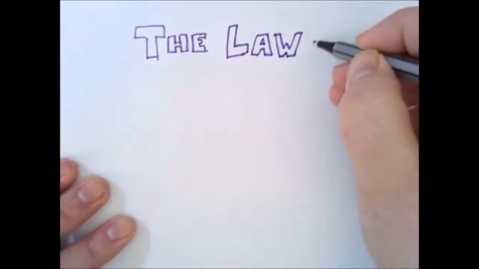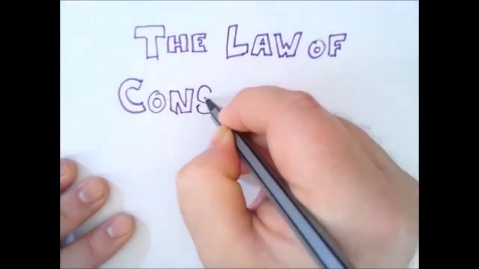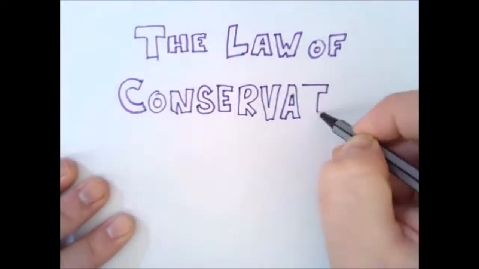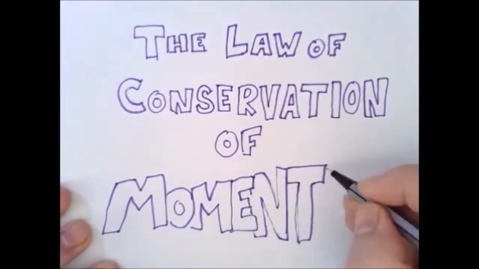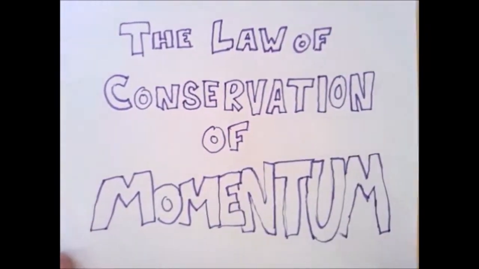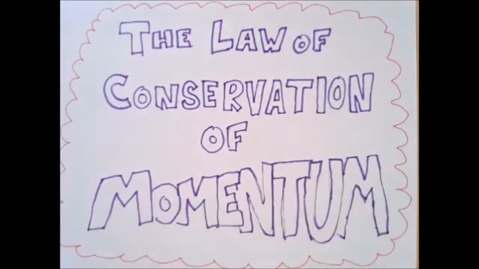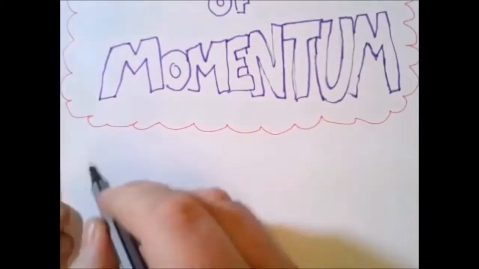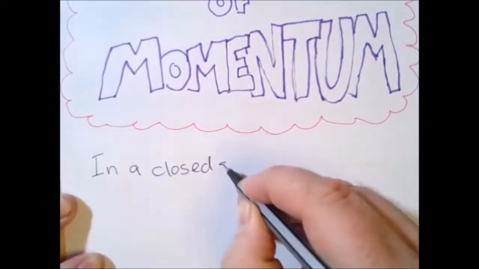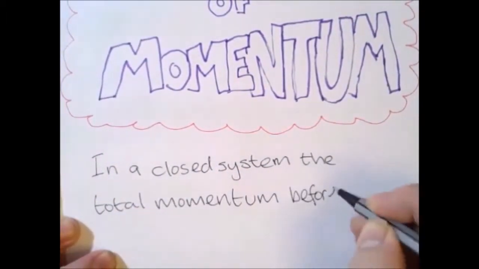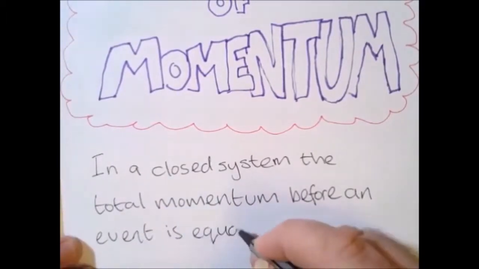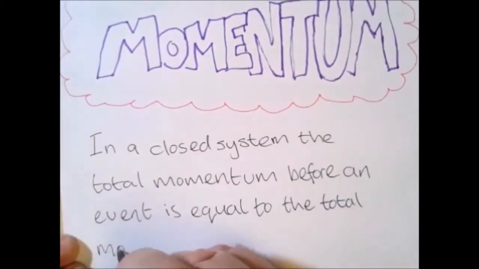This leads us on to one of your main conservation laws in GCSE physics. This one is the law of conservation of momentum, and the formal definition is as follows. In a closed system, the total momentum before an event is equal to the total momentum after the event.